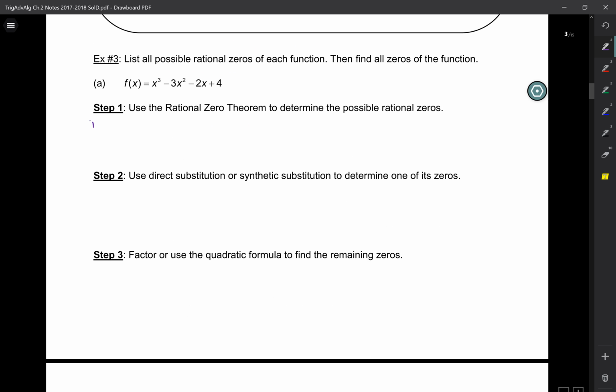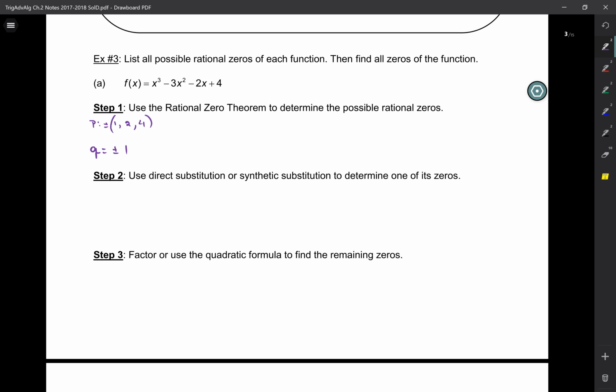So what's P here? What are the values of P? Plus or minus 1, 2, and 4. And look, even here I use the parentheses. What about Q? Why is it 1, 2, 4? First for P, I need to find the factors of the last number.